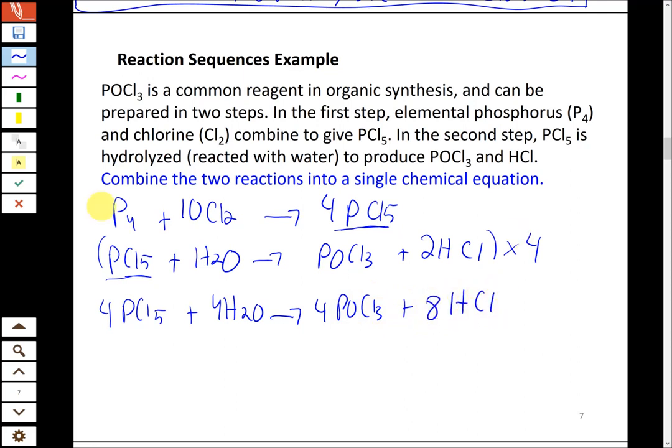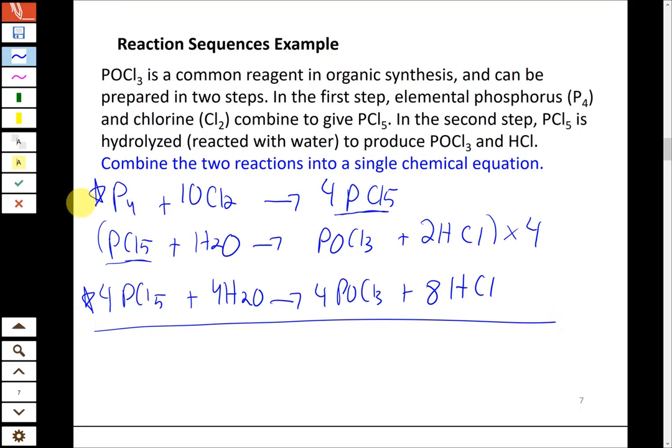And so now we can add this first equation unmodified with this modified second equation. We're going to start getting good at doing this in our head without having to write everything out in gory detail. What we find is that for the first equation, we have 4 PCl5 as a product. Here we have 4 PCl5 as a reactant. So those will cancel out. We don't have to necessarily write all that out again. What we're left with is P4 plus 10 Cl2 from the first equation.